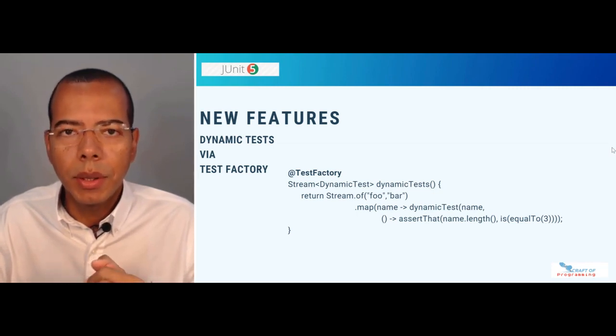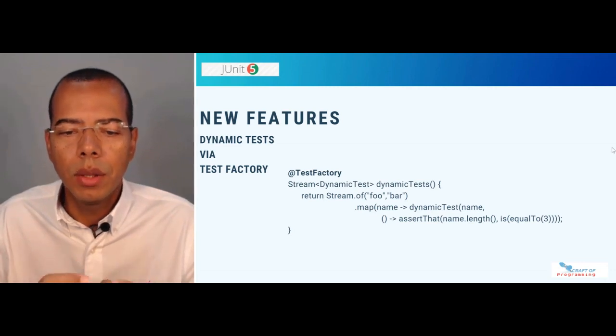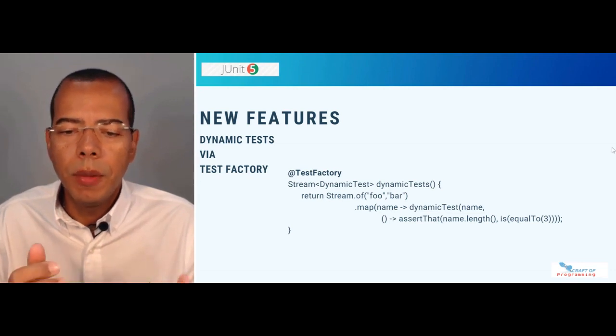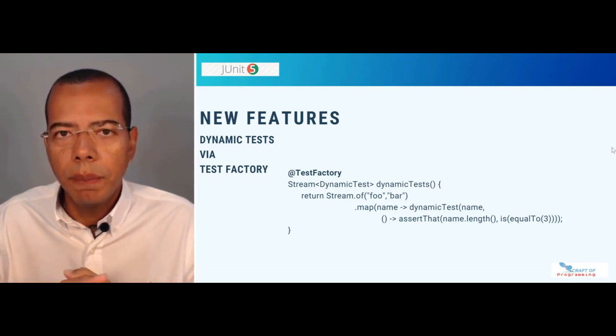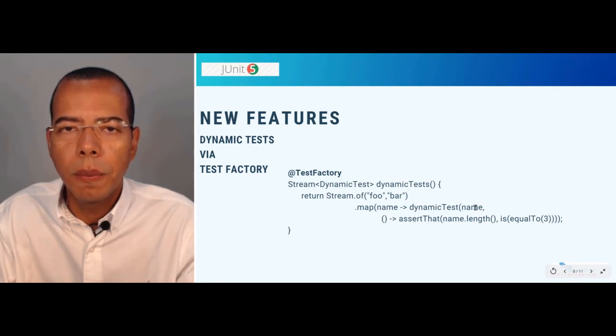In this particular example, for each of the values of this string, which are foo and bar, these two strings, I am mapping them onto a dynamic test whose first argument is the name of the test, and the second argument is effectively the body of the test method.